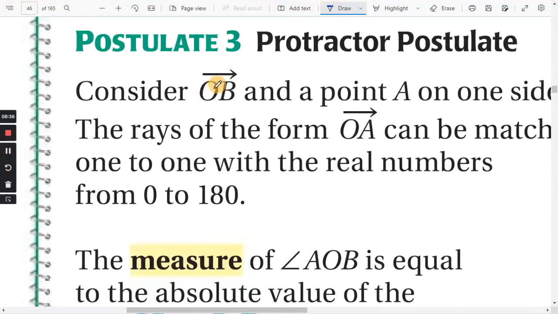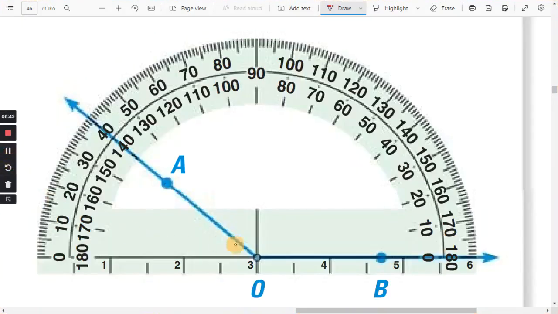So this is for the protractor postulate. I'll show you the formula. It's pretty simple. Here we have angle AOB, and the number on the protractor for point B, we can just call that a lowercase b. And the number for point A on the protractor, we can just call that lowercase a.